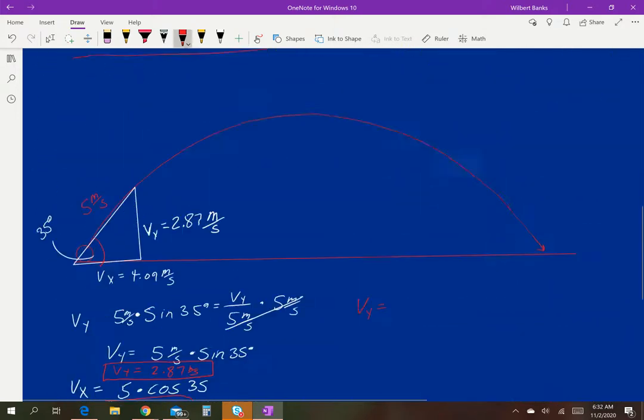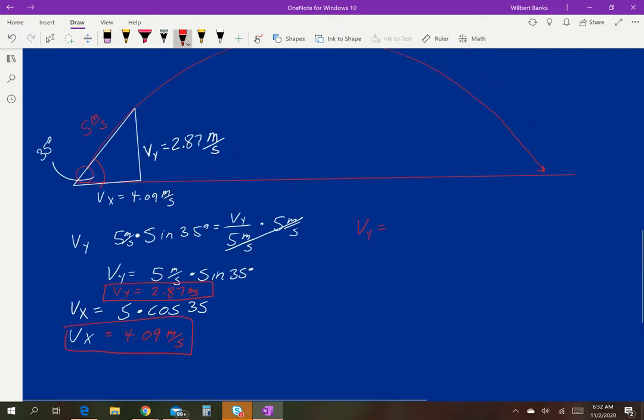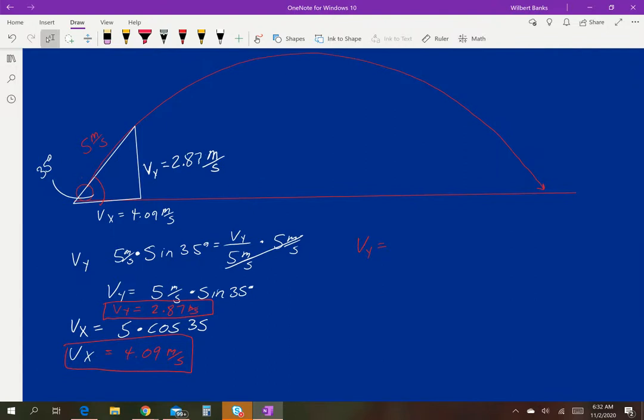Vyf equals g times t. So Vy equals g times t. And I know what my Vy is because that's this right here. And I know g as well, so I need to solve for t. If I rearrange that, t equals Vy divided by g.